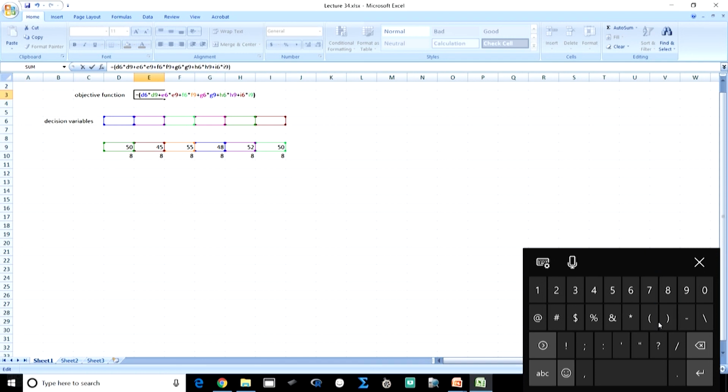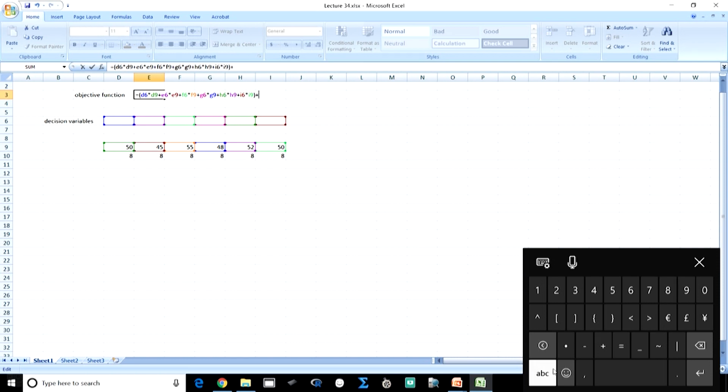After that we will add the inventory cost, and similarly that is the cost of inventory multiplied by the number of units available in inventory. These are from D7 to I7.